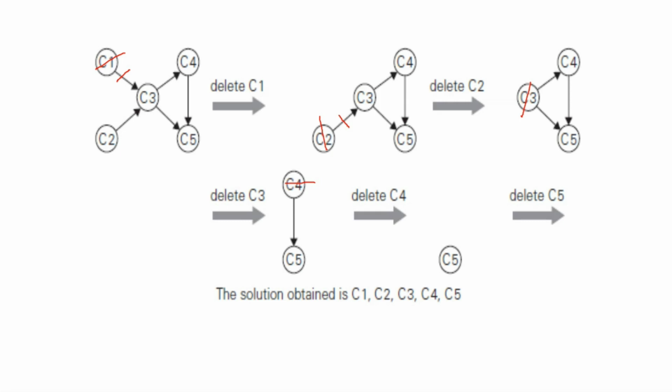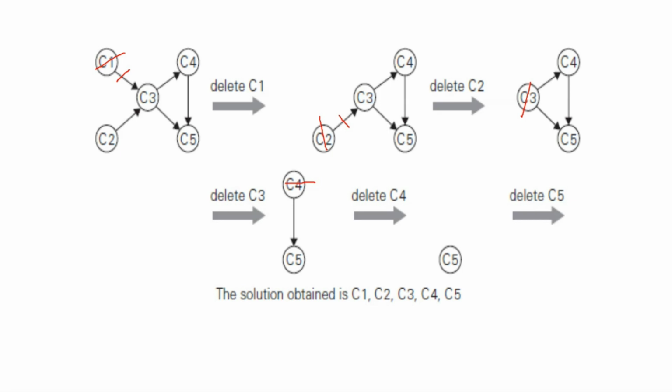Next we will identify the next vertex to be deleted, that is, the vertex which has no incoming edges. C3 has one incoming edge, C4 has one incoming edge, C5 has two incoming edges, only C2 does not have an incoming edge. So next we shall remove C2 along with the outgoing edge. So we are left with C3, C4 and C5.